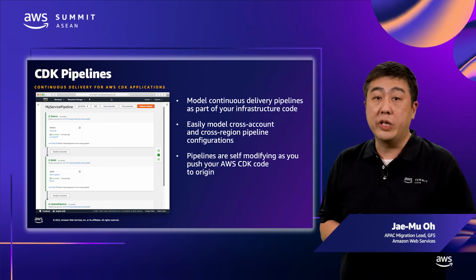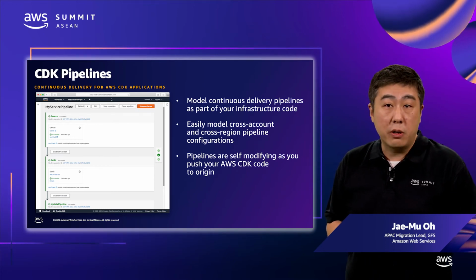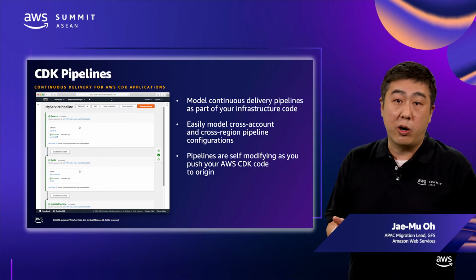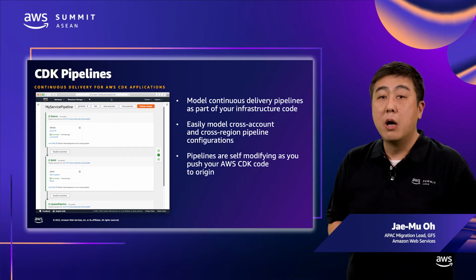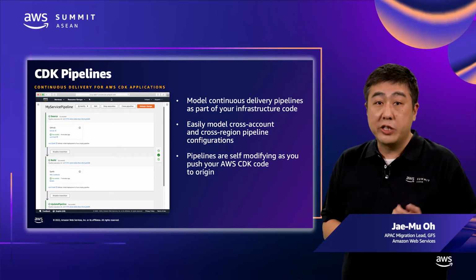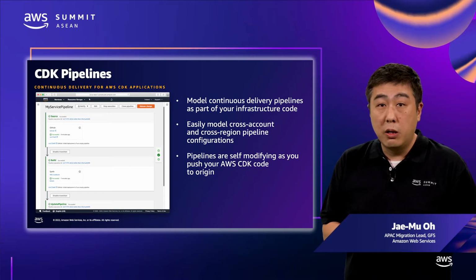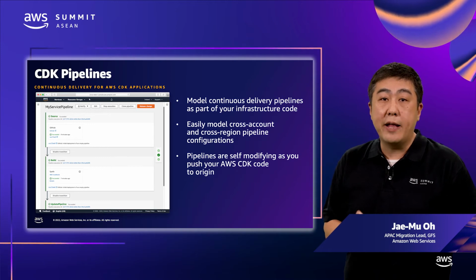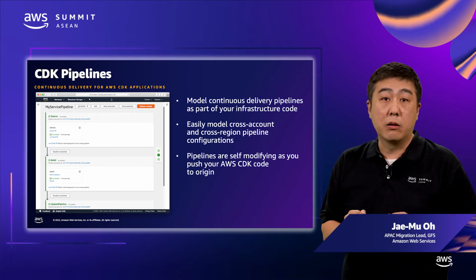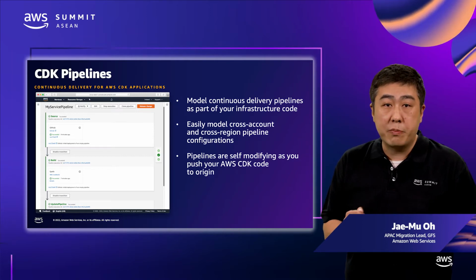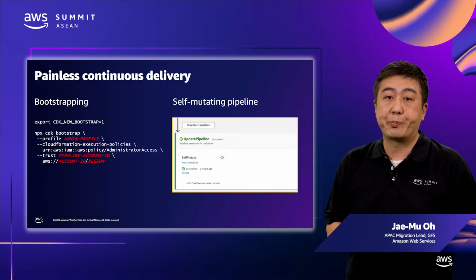It allows you to easily create a continuous delivery pipeline for any CDK application, no matter how simple or how complex the application is. With CDK pipelines, you can simply declare which account and region you want your application to run in, and the CDK pipelines will configure all that at a low level for you, and it will make sure your pipeline and your configuration is set up correctly and securely.